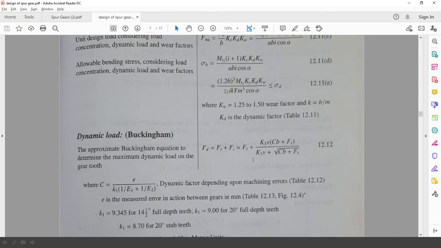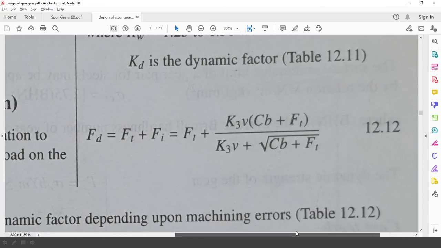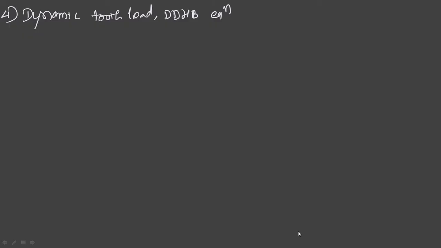Okay. So equation number 12.12. Now the dynamic tooth load FD equals FT plus Fi, where Fi is the increment load.